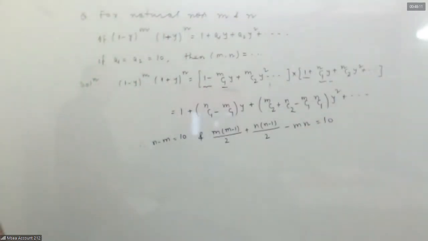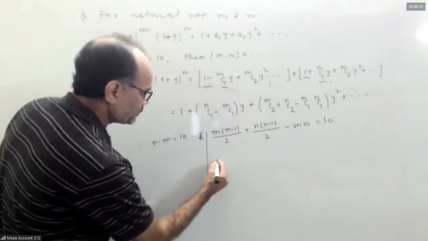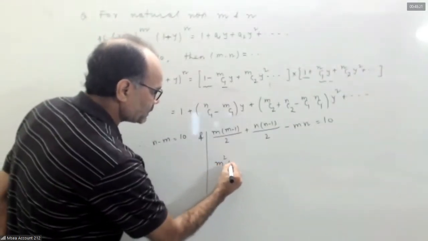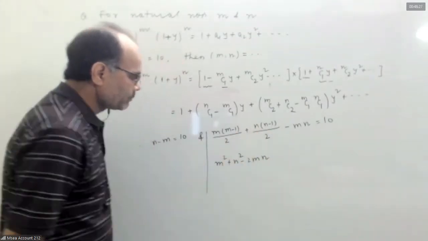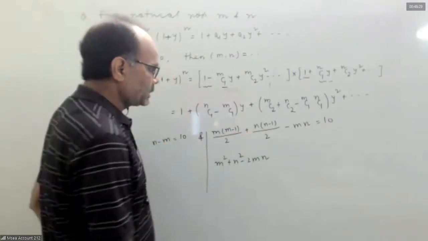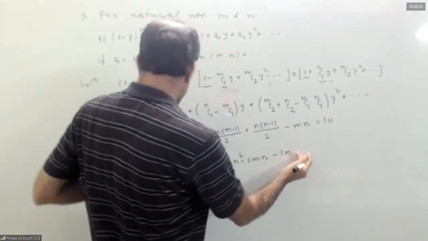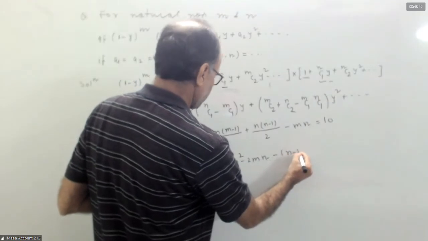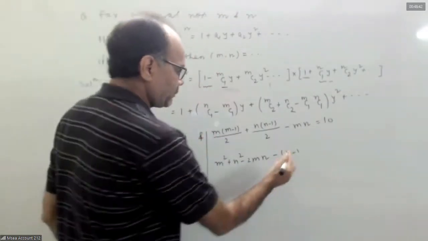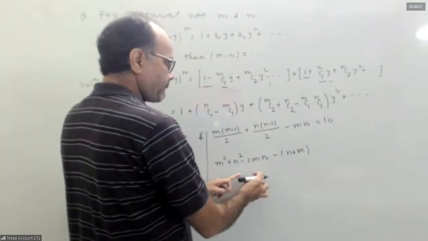So this will be, if you simplify this term, m square plus n square minus 2mn minus m plus n, or n minus m, minus n plus m, equal to 20.